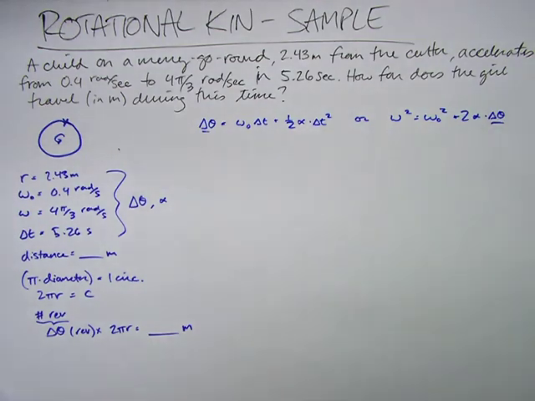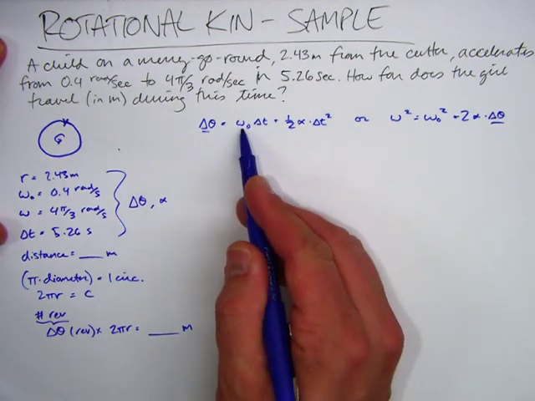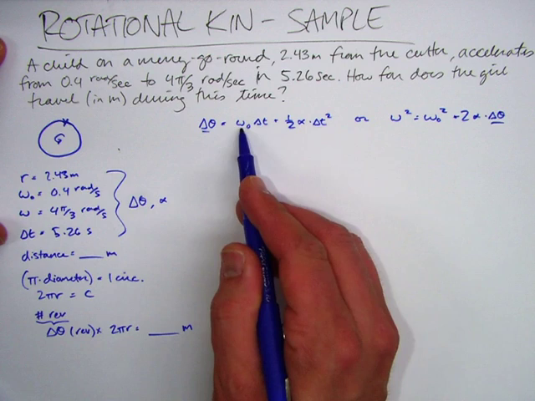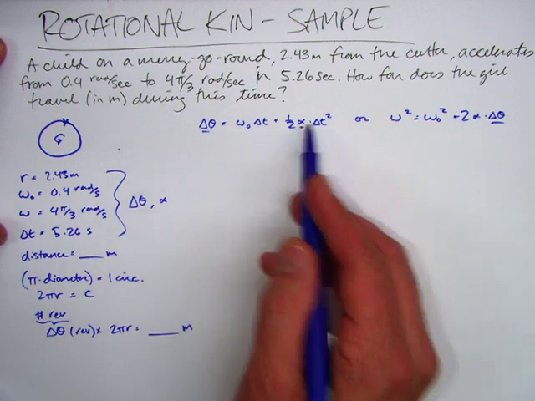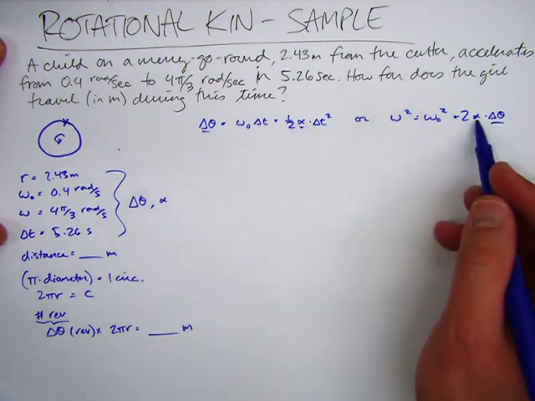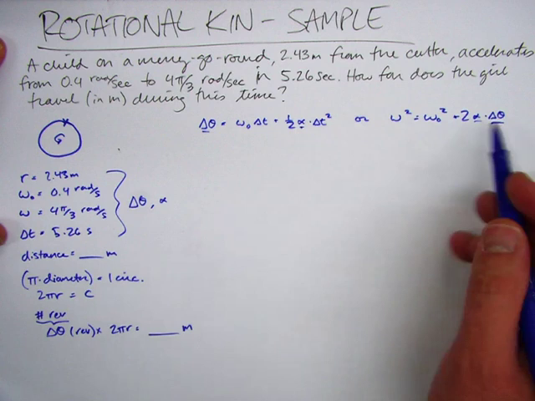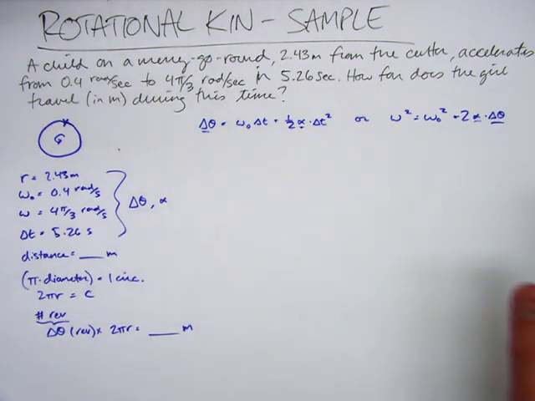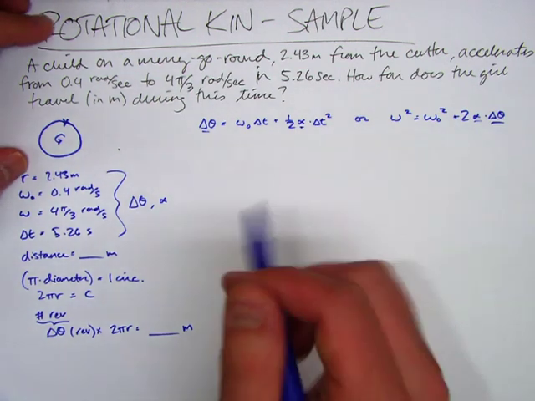So the question is, can I use either of those to find delta theta in one step? Well, for the first one, I need time, which I have, and omega naught, which I have, but I need alpha. For the second one, same thing: I need omega and omega naught, which I have, but I need alpha. So in both cases I need alpha, which makes it a two-step problem.